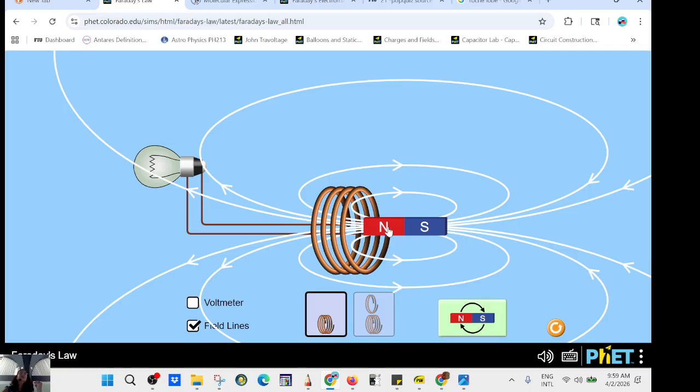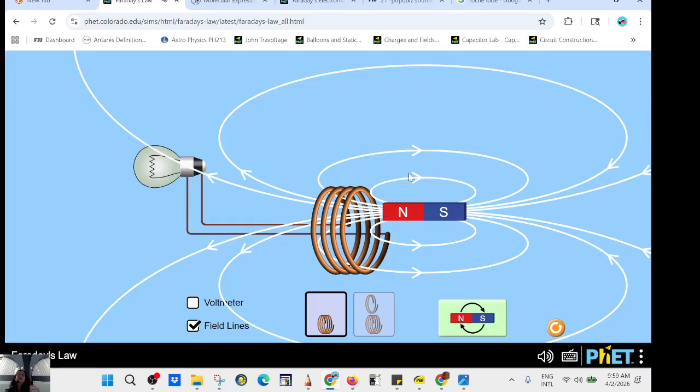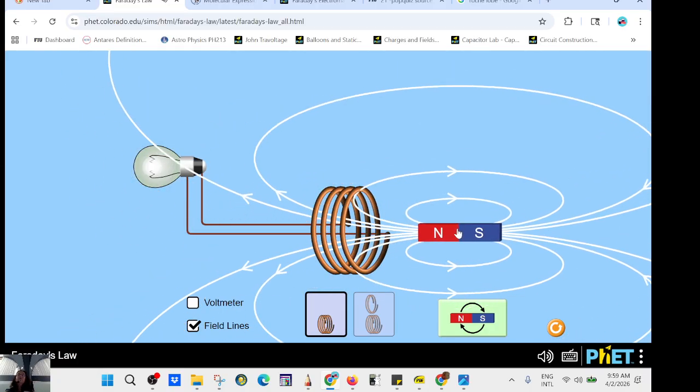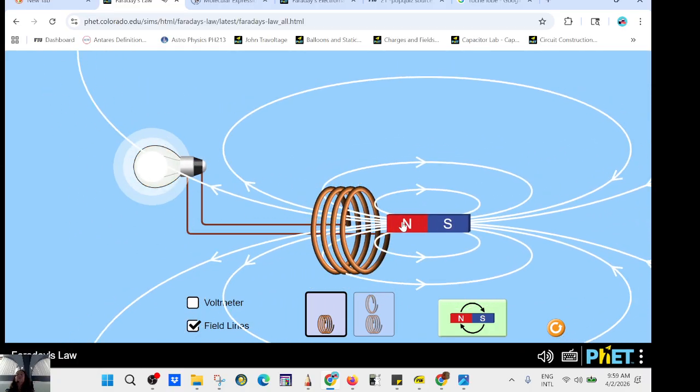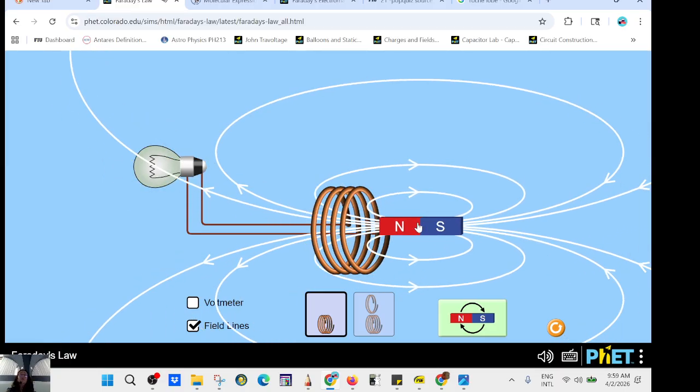That was the genius of Michael Faraday, because he had a vision. He saw in his mind those field lines, and he understood that if those field lines change with time as they poke through, then you're going to induce current.